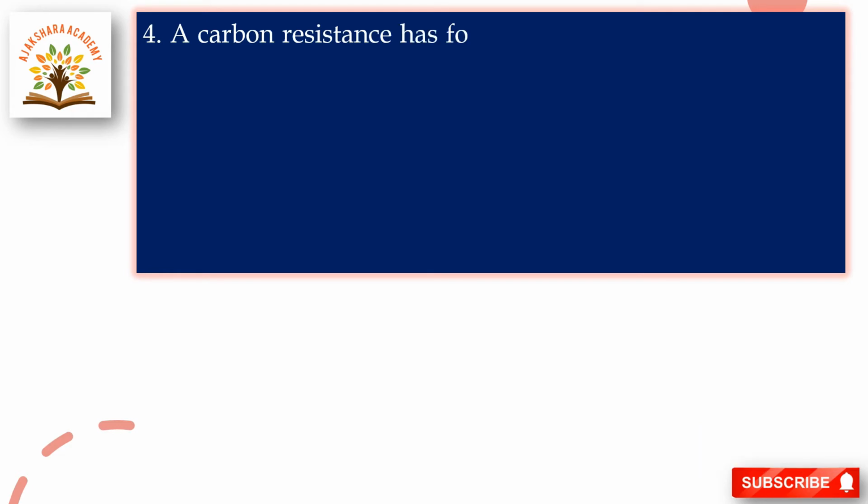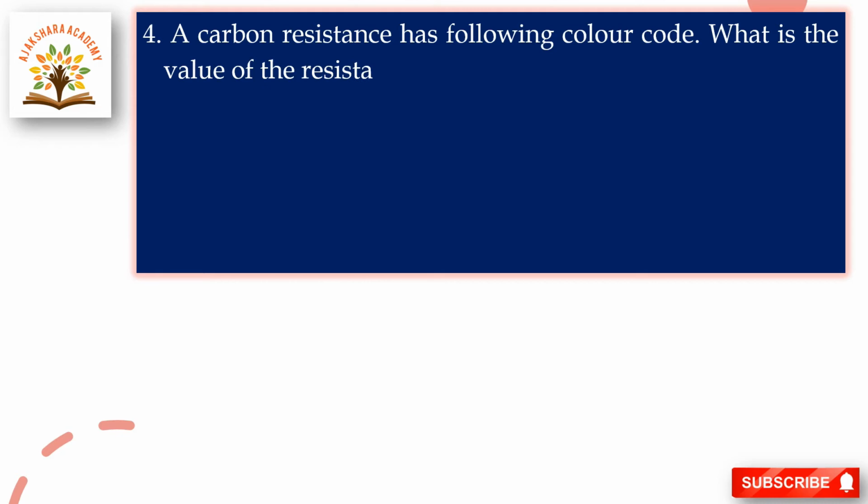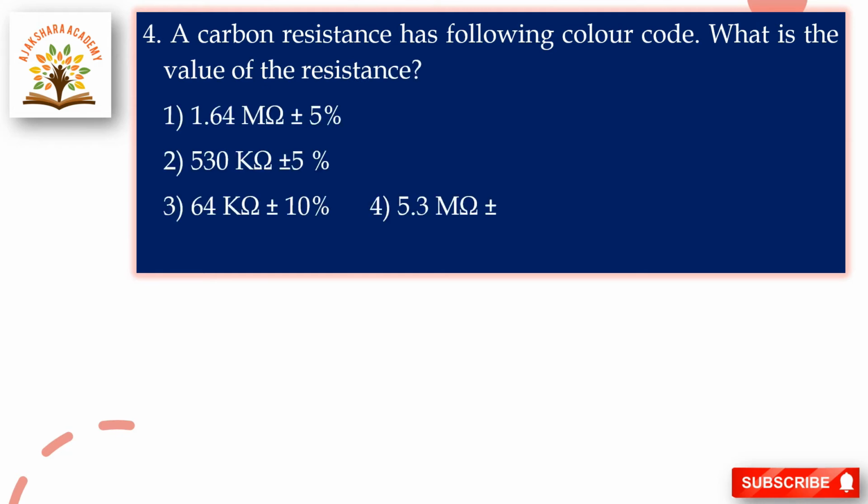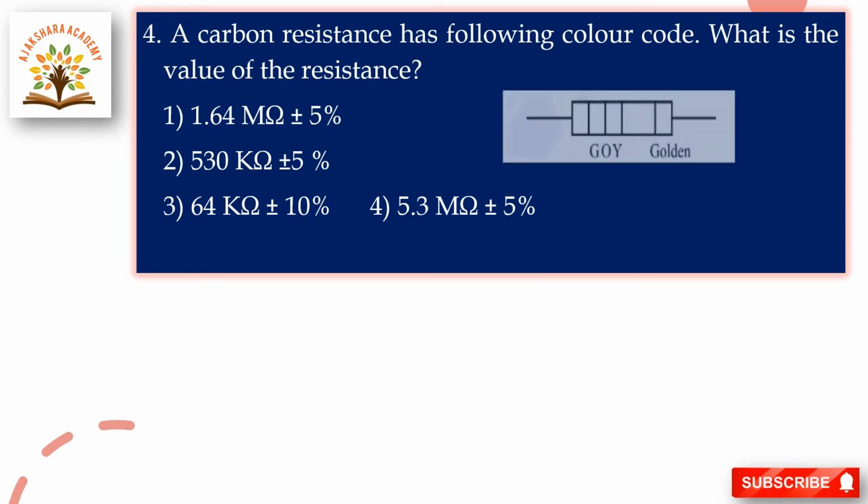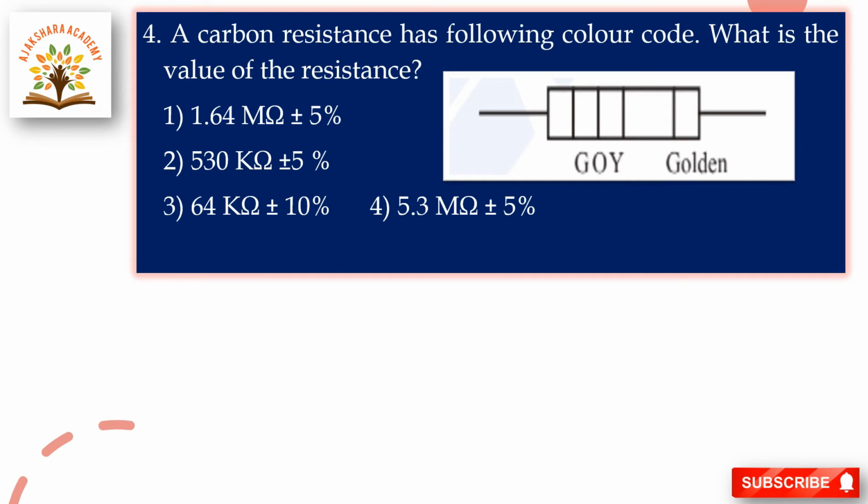A carbon resistance has the following color code. What is the value of the resistance? So now the color code is, this is the following color code. Green, orange, yellow and gold.